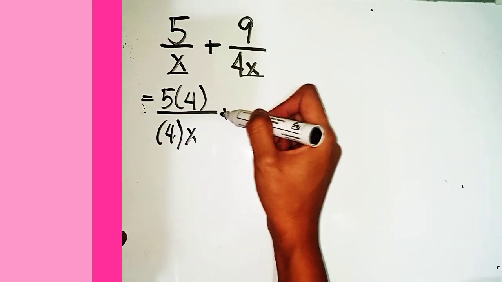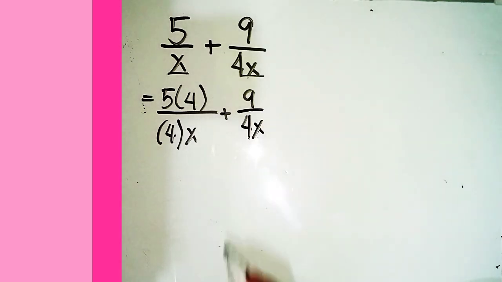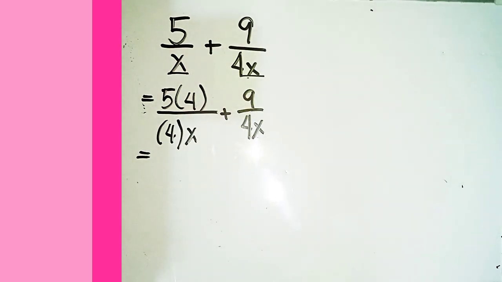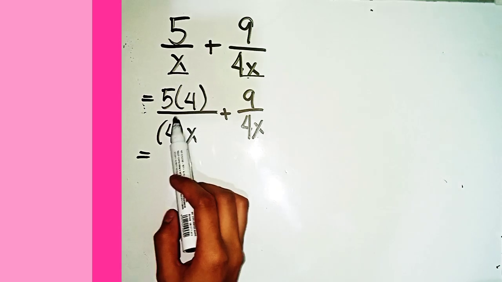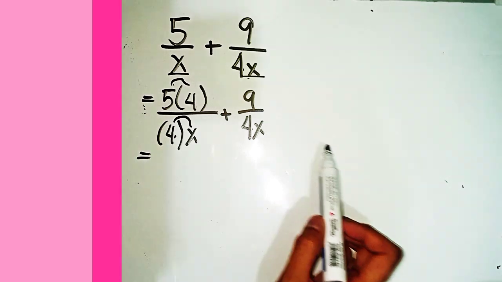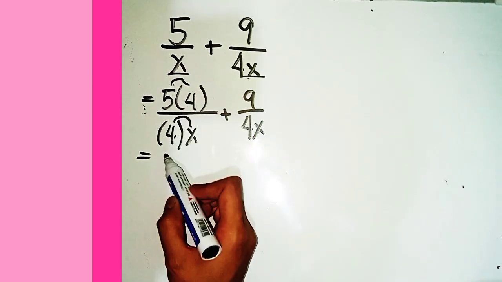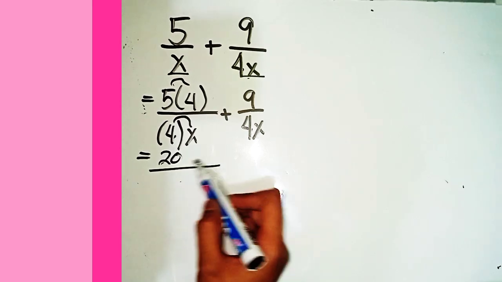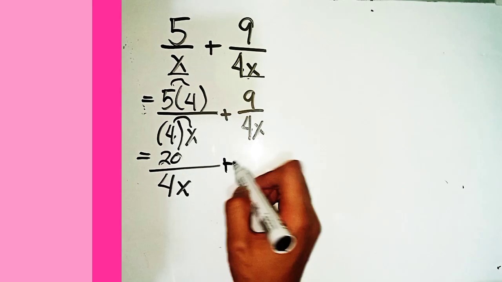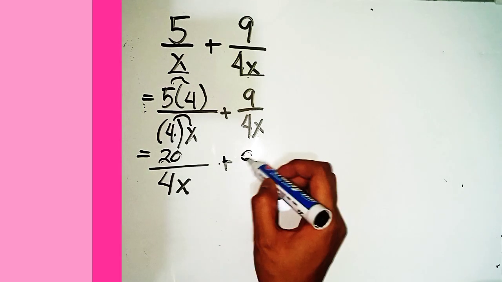So 4x plus 9 all over 4x. Apply the distributive property, or just simply multiply 5 times 4 and 4 times x. We have 5 times 4, that would be 20 all over 4x, plus, just copy the 9 over 4x.